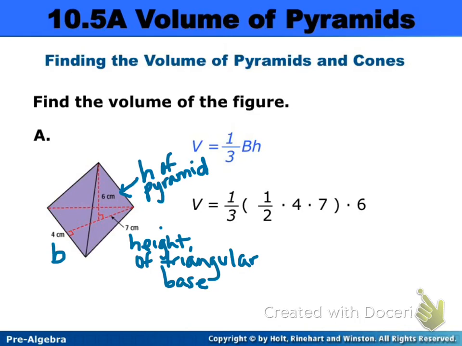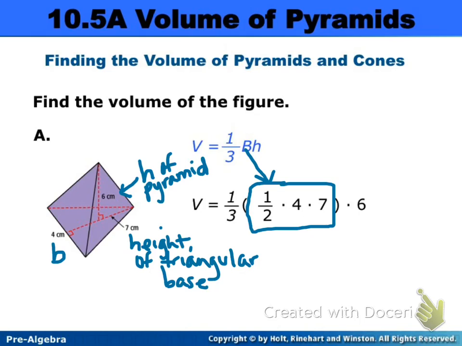So when you have a triangular pyramid, you have the height of the base so that you can calculate the area of the base, and you have the height of the pyramid. So they've gone ahead and substituted in. This right here is B, the area of the base.